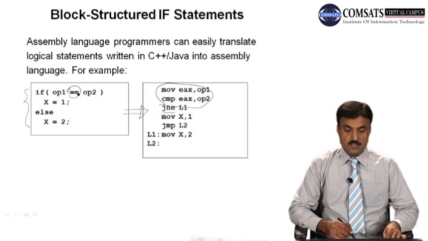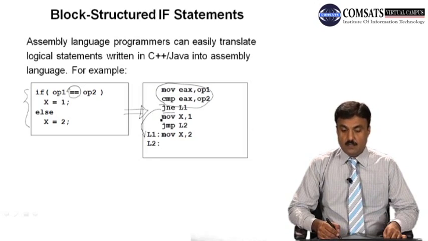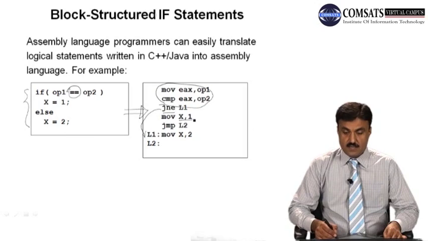So here, for example, it is equal, so we are using not equal, and then we can directly jump to L1. If we compare both of them and they are not equal, we will go to L1. Otherwise, x will be assigned the value 1 if they are equal.